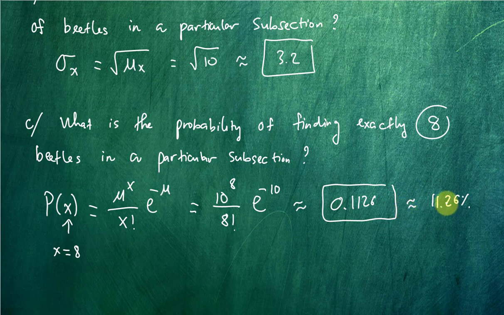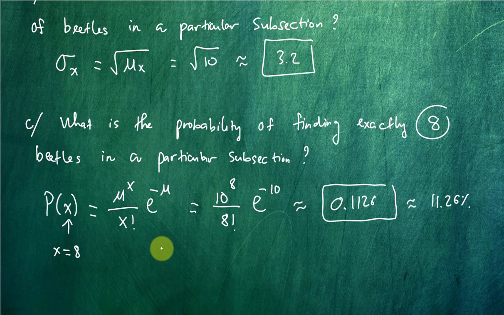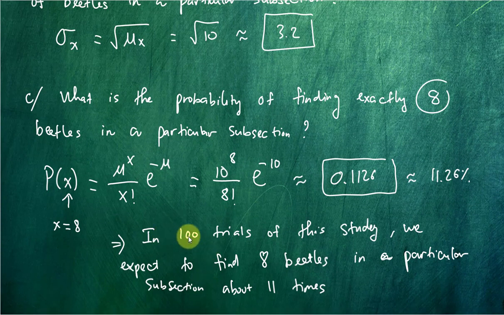So 11% means that in 100 trials of the study, we expect to find 8 beetles in a particular subsection about 11 times. So let me write here: in 100 trials of the study, we expect to find exactly 8 beetles in a particular subsection about 11 times.